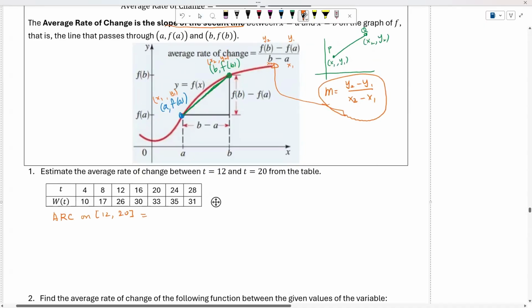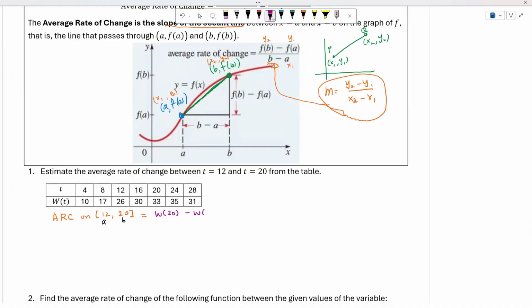In this case, 12 is A, this 20 is B, right? And now we will have W of 20 minus W of 12 divided by 20 minus 12.